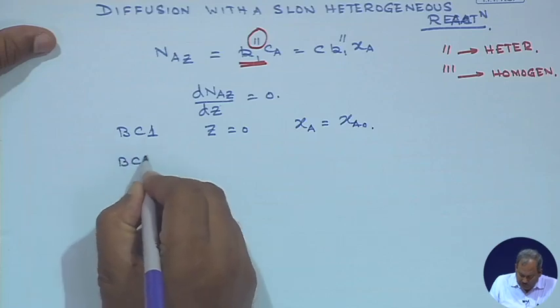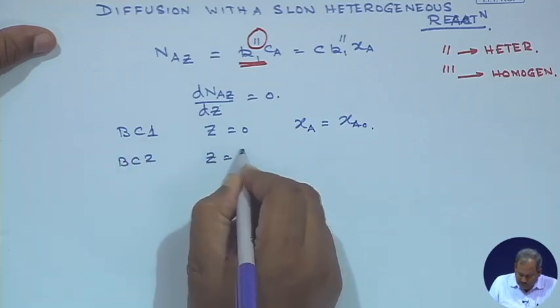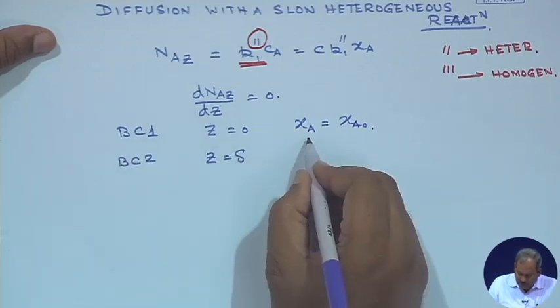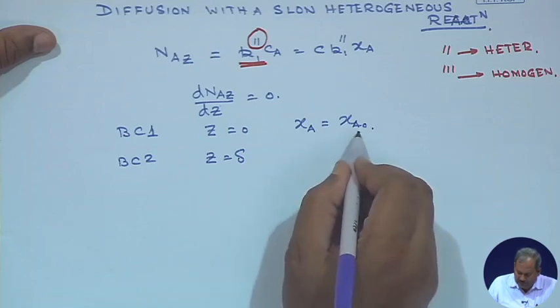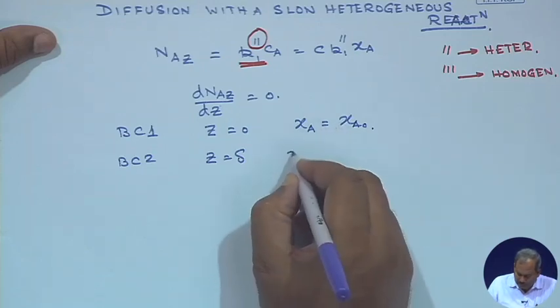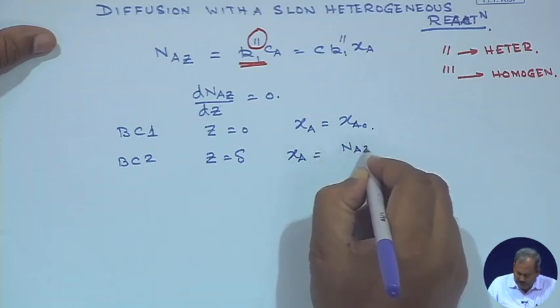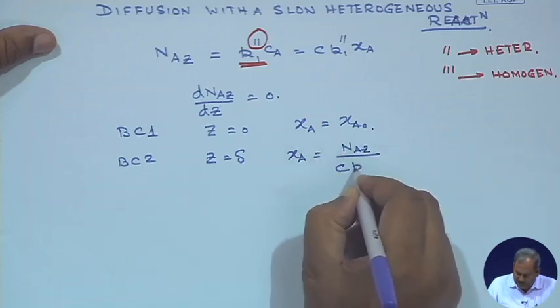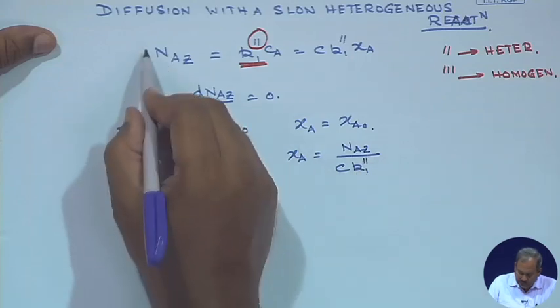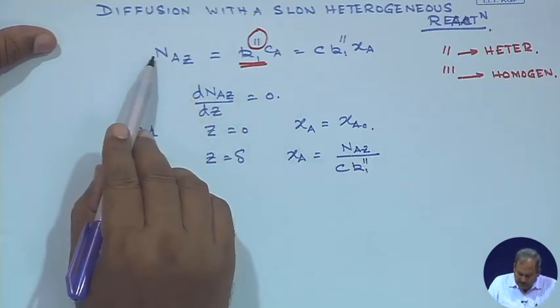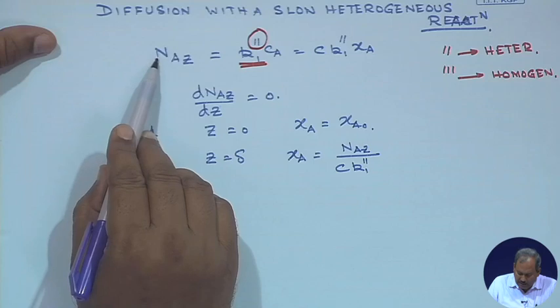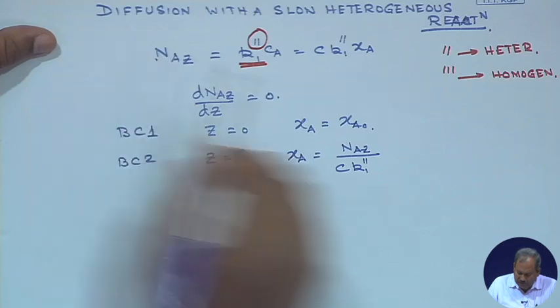The boundary condition 2, which is at z equals delta: previously the boundary condition that we used is x_A equal to 0. What I am going to use here is x_A is N_Az divided by c k1 double prime. At steady state, the flux of A is coming towards the catalyst surface.